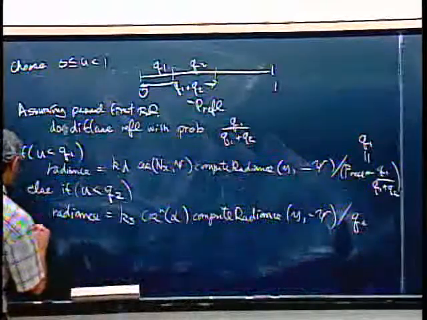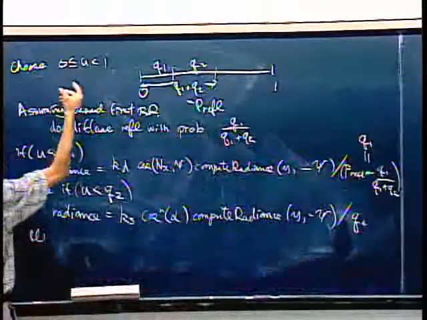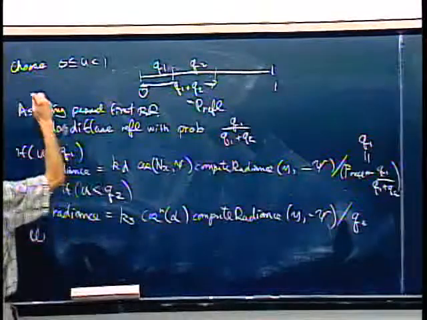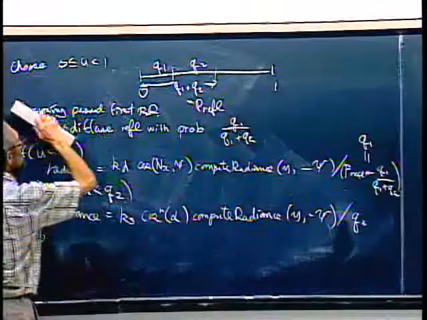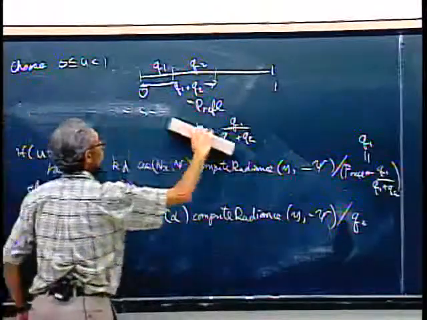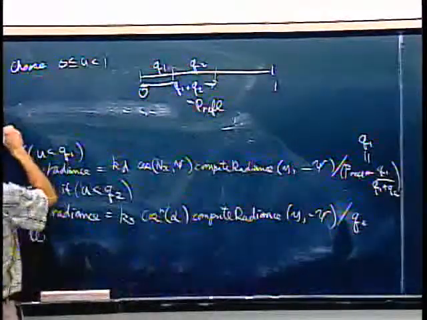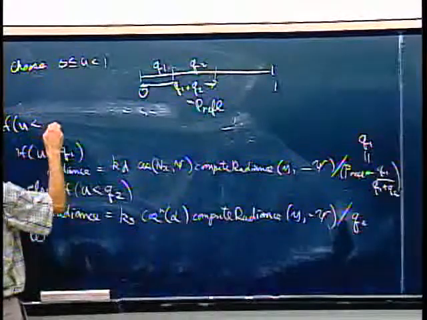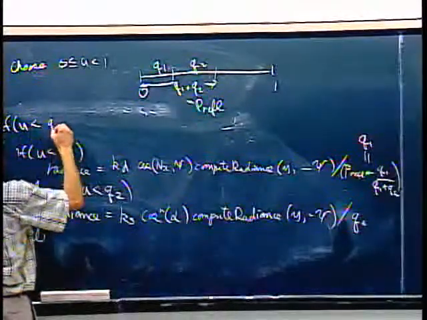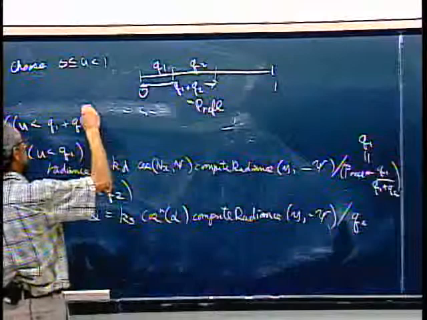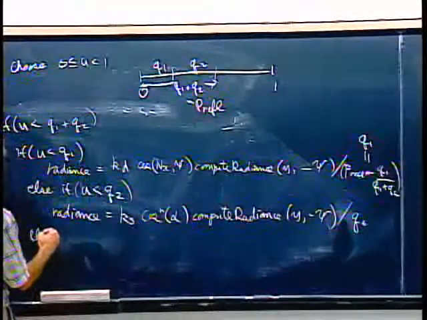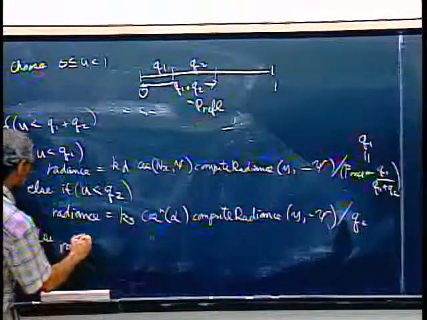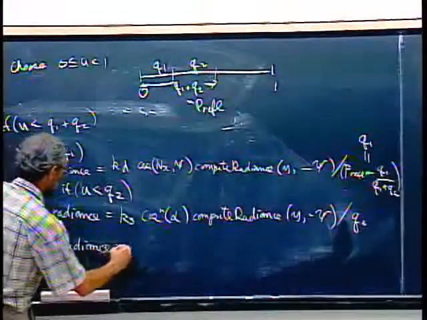And then only if it fails, so here, let me erase this part. If it passes the first test, U is less than Q1 plus Q2, which is the hemispherical reflectivity coming from both of them, and then this final else radiance equals 0.